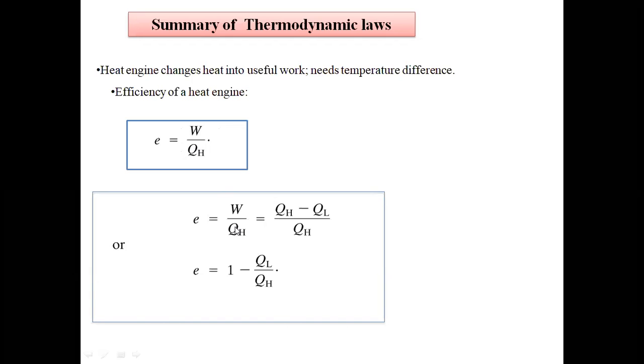So the efficiency equals the work over QH, and the work equals QH minus Q low or cold. Some books use L for low temperature and H for high temperature, and some books use cold reservoir, QC. So it's the same. The efficiency equals 1 minus QL or QC over QH.